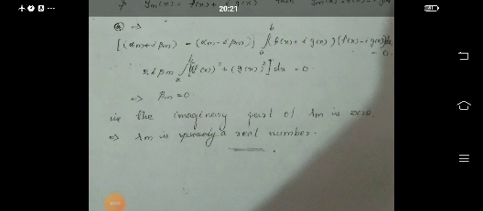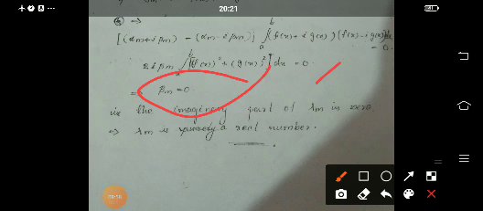This means beta m equals 0, so the imaginary part of lambda m is 0. That implies lambda m is a real number, because beta m equals 0. Therefore lambda m is a real number.